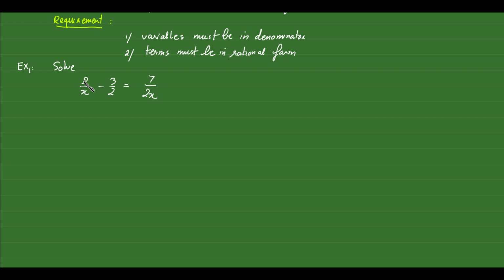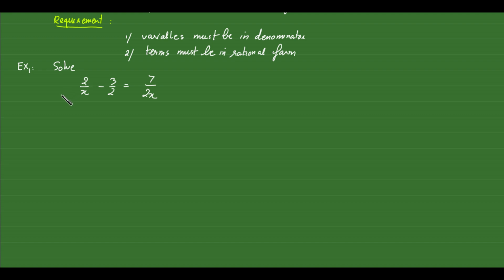Alright, so try to follow all the steps strictly. First of all, this is a rational equation because you see that all the terms are in fractional form. The terms must be in rational form, and you see the variable x under the denominator. I mean, you probably can see a variable x on the top, but a variable x being on the top is not a requirement.